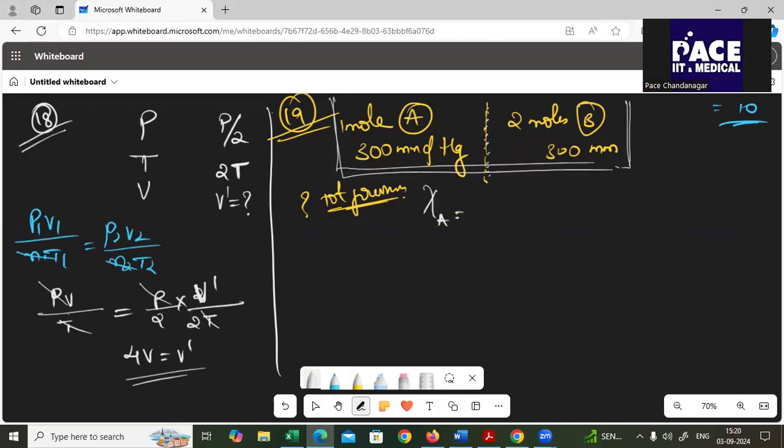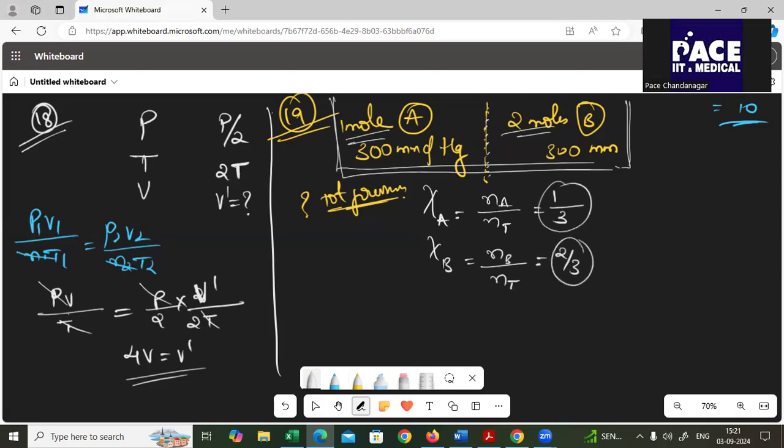Xi A is equal to number of moles of A by total moles, and similarly Xi B is number of moles of B by total moles. First Xi A: number of moles of A is 1 mole, by total moles, 1 plus 2, which is 3 moles. So Xi A is 1 by 3, and Xi B is 2 by 3.